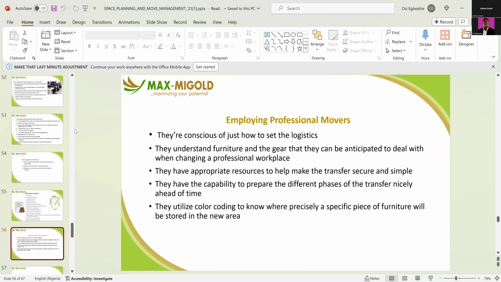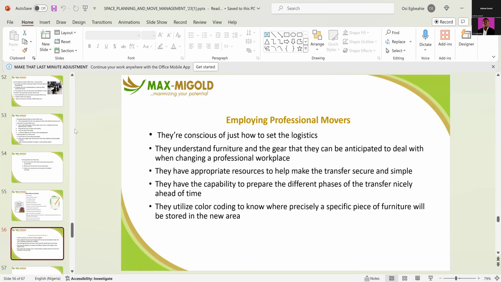Employ professional movers, like I said. They are conscious of how to set the logistics. They understand furniture and can be anticipated to deal with any form of changes within the office space.